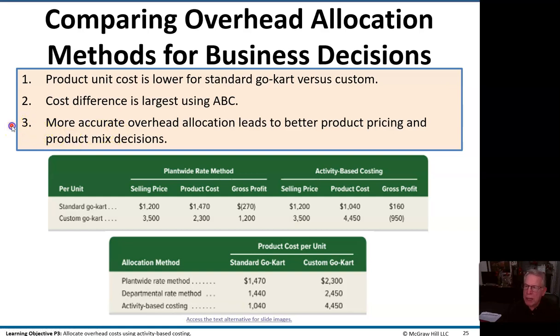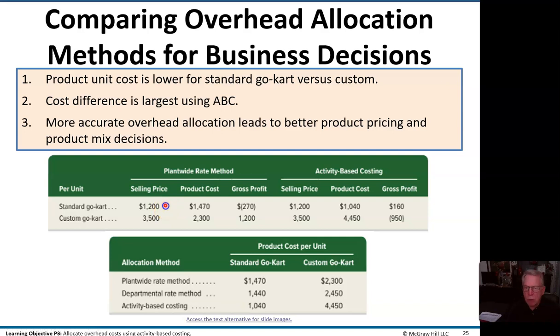And number 3, more accurate overhead allocation leads to better product pricing and product mix decisions as the costs are more accurate. Okay, so if we look here at the plant-wide method, the standard go-kart appears to be losing money.